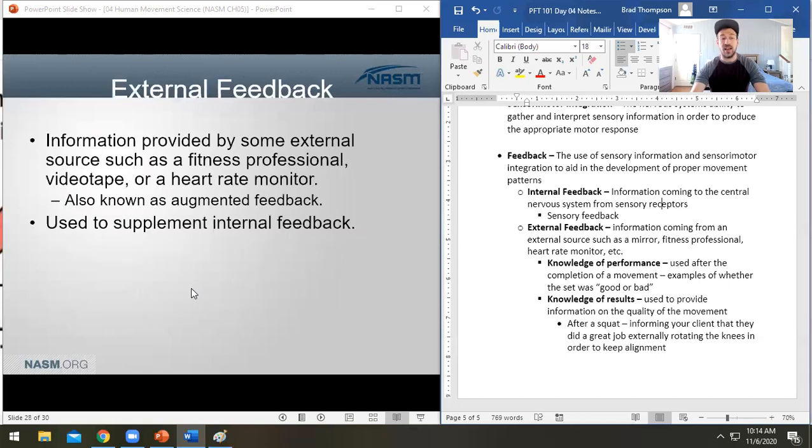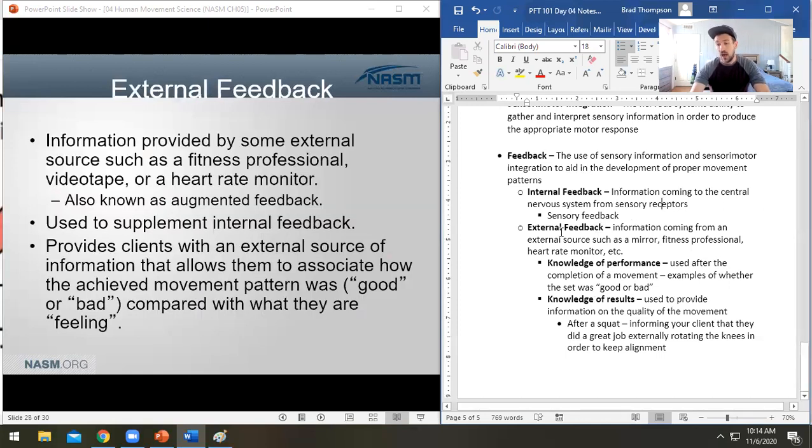And then you've also got external feedback, which honestly, you speaking is an example of. You're fostering internal feedback, encouraging them to feel it. But you talking to them, saying, hey, you're rounding your shoulders, that's an example of external feedback. External feedback is from an outside source. Internal feedback is from an inside source.